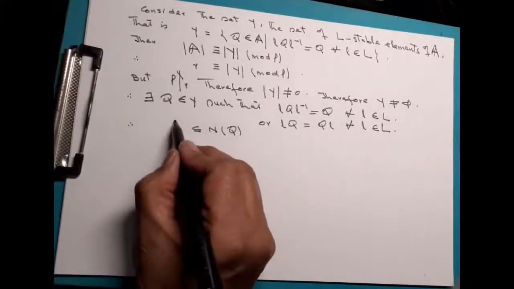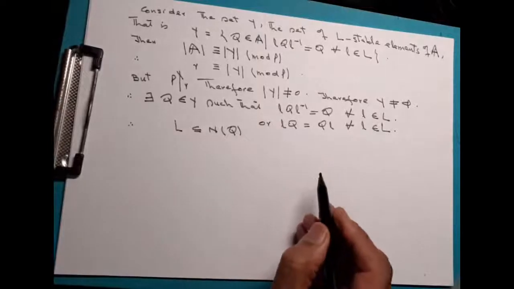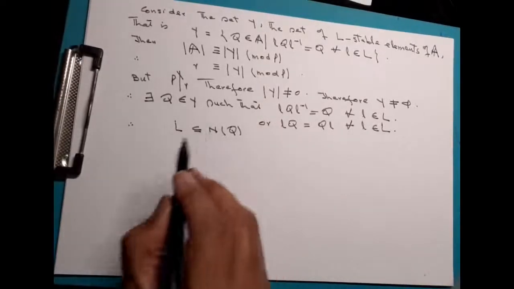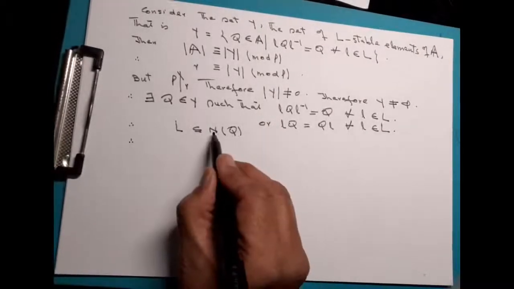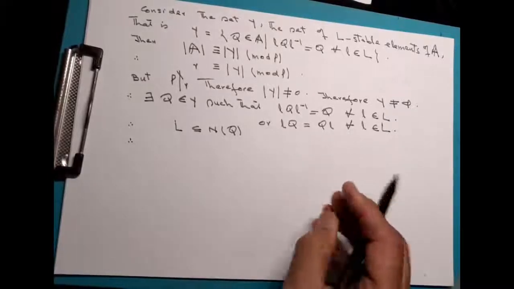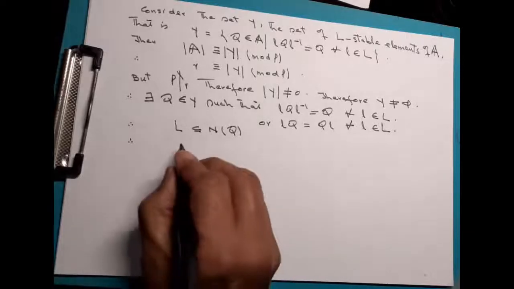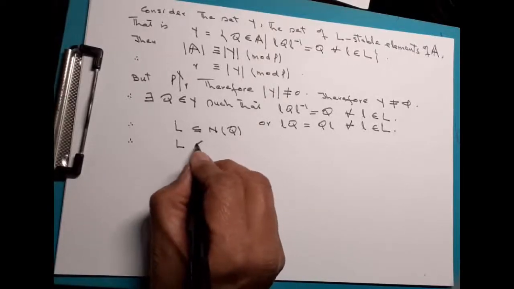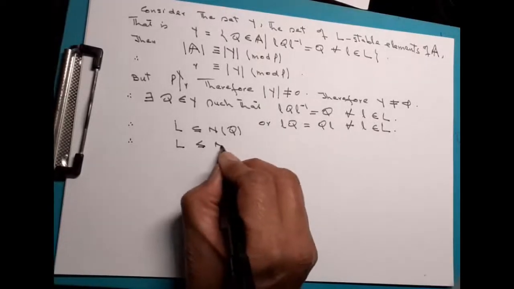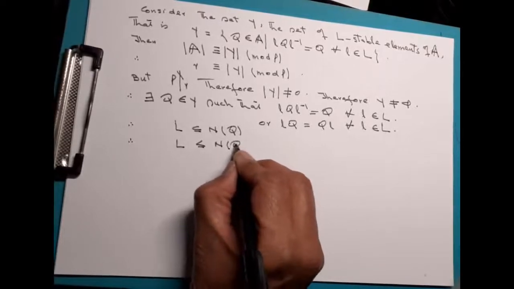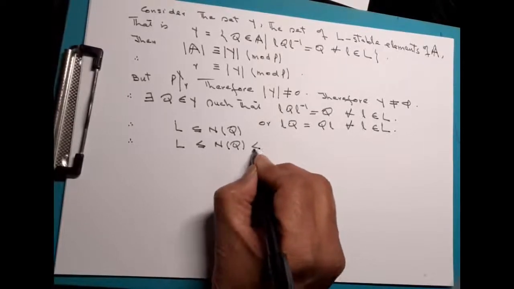Therefore L is a subset of the normalizer of Q, and since the normalizer of Q is a subgroup and L is a subgroup as well, L is a subgroup of the normalizer of Q, and we know that the normalizer of Q is a subgroup of G.